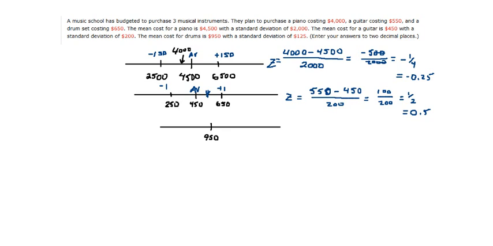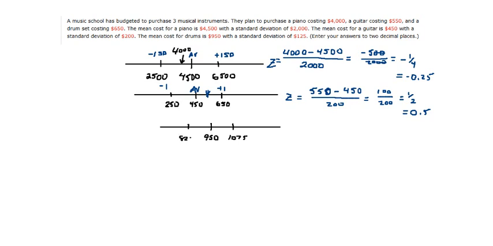A little more addition and subtraction is needed. If we add $125 to 950, we're at $1,075. And if we take away $125 from 950, we are at $825.